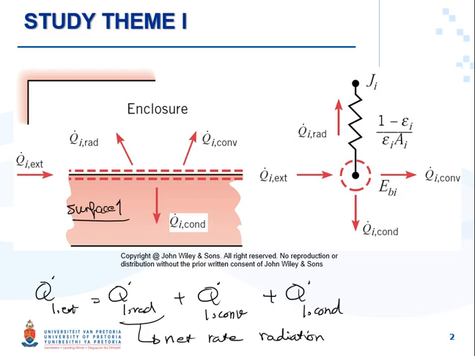So you might say, okay, you talked about radiation, we know how to calculate between surfaces in an enclosure, but how about the convection, how about the conduction? You passed the course on convection and conduction, so we are not going to speak about it, and that's the reason why MHM 420-780 is an open book course. The only thing you need to know is the concept of convection and conduction heat transfer.